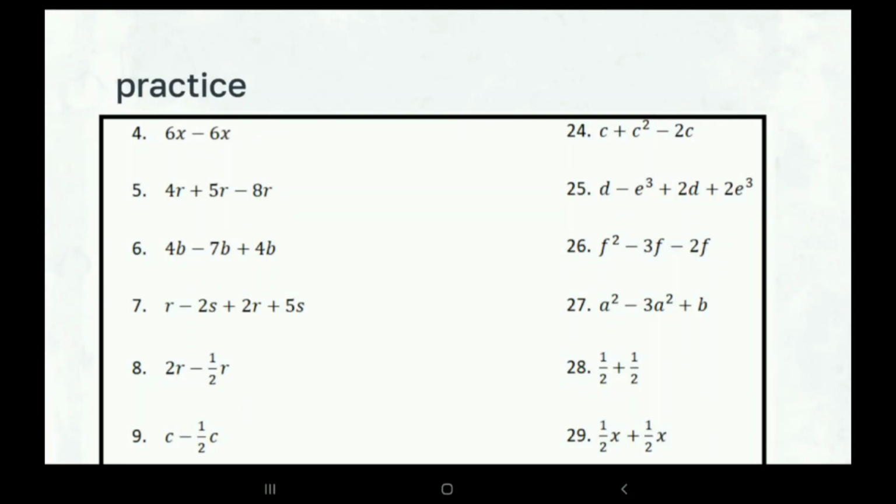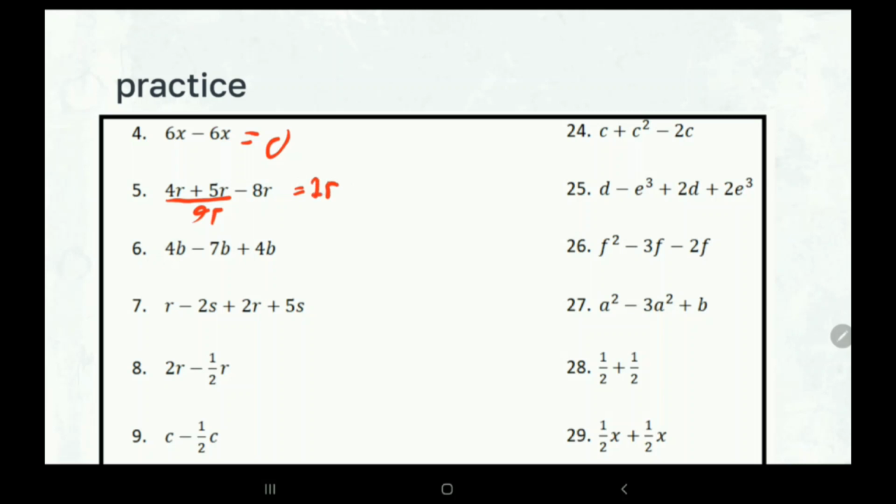Okay, so we have a practice. The first one is 6x minus 6x, which is 0, as we may know. 4r plus 5r minus 8r. 4r plus 5r will be 9r, minus 8r, it will be r, or 1r, it's the same thing.